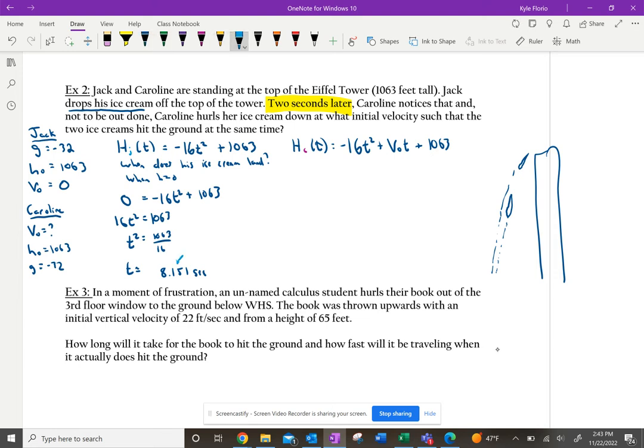So Jack's ice cream lands at about 8 seconds. So Caroline has to wait 2 seconds later.